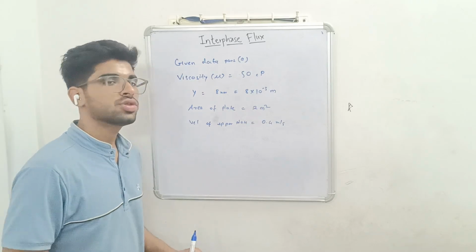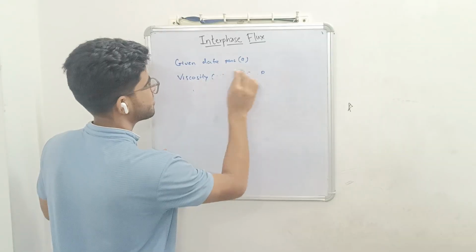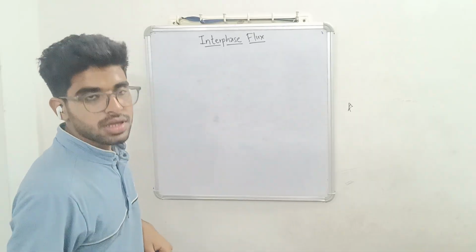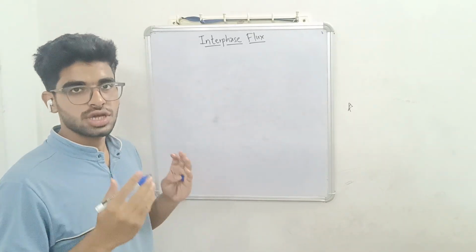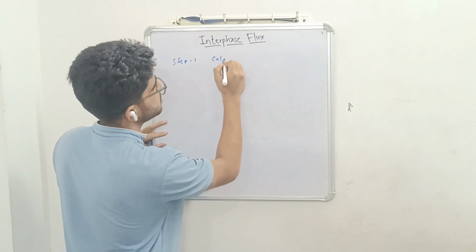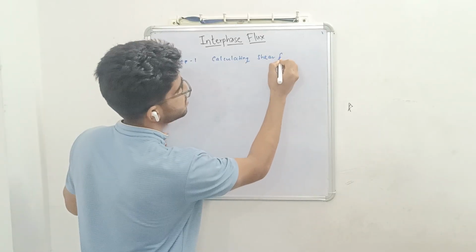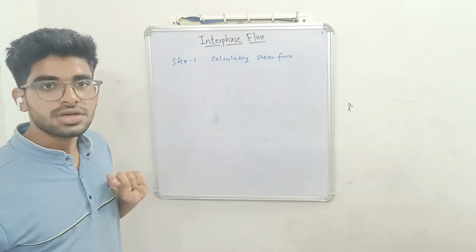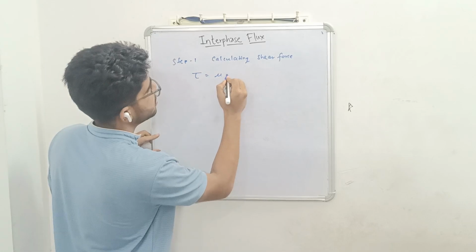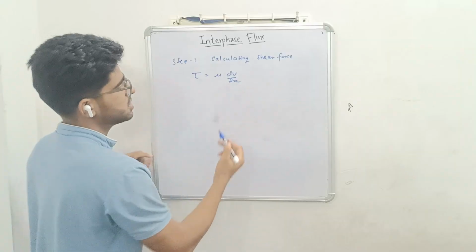So now we will move on to the solution part. Step one: we have to calculate the shear stress. The shear stress is given by tau equals mu dv by dy, where mu is the viscosity constant and dv by dy is the velocity gradient.